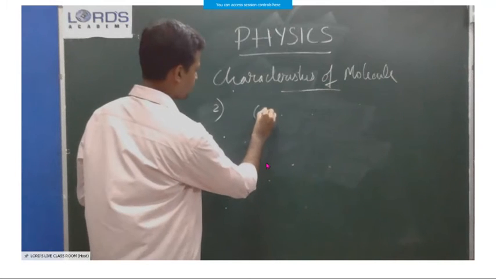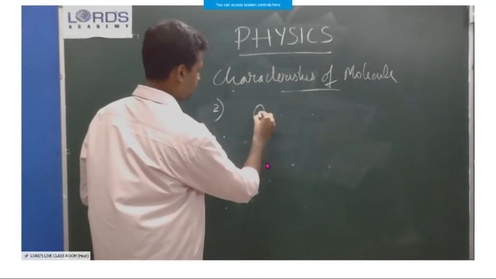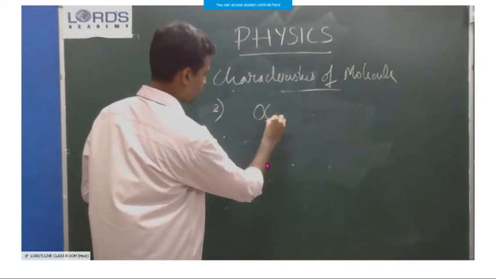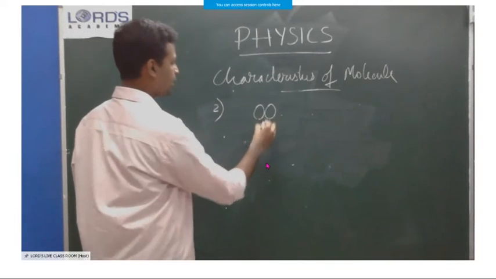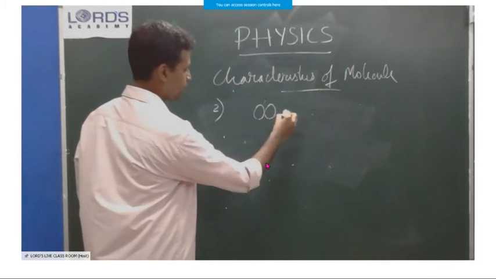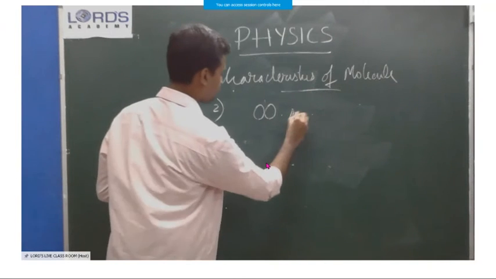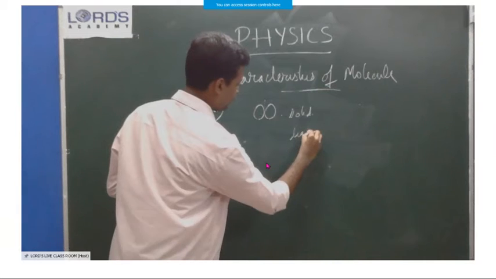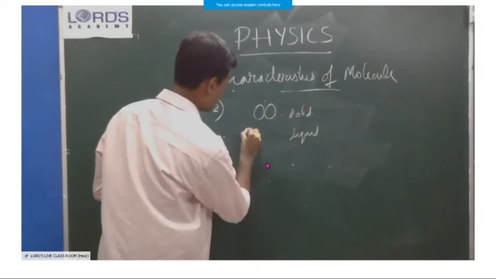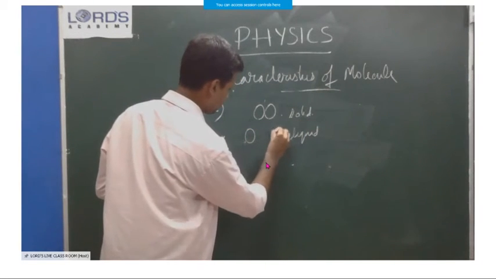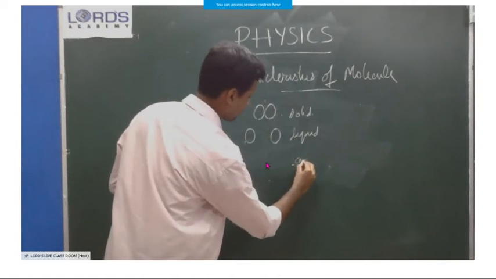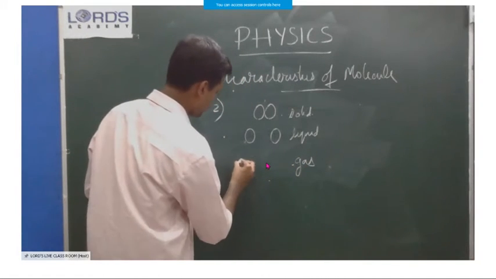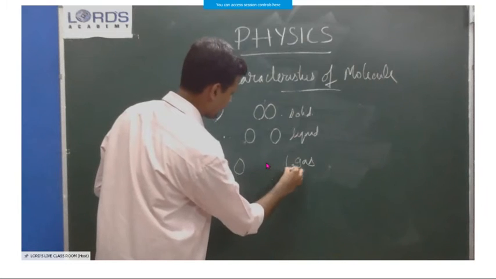If we consider this as a molecule and this as another molecule, this is the space between them in a solid. When we consider it as a liquid, this space will increase. When we go to gas, the space will increase still more.